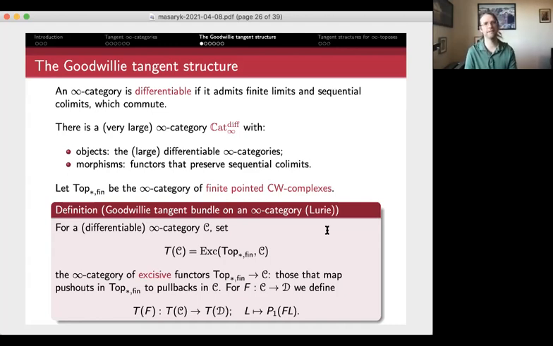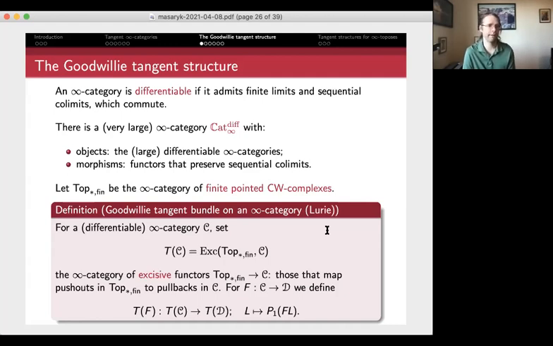Here is the definition. If we have an infinity category C, then we define T of C, the tangent bundle, to be the infinity category of excisive functors from finite pointed spaces or finite pointed CW complexes to C. The word excisive comes from Goodwillie calculus, but all it means is that these are functors that take pushouts to pullbacks.